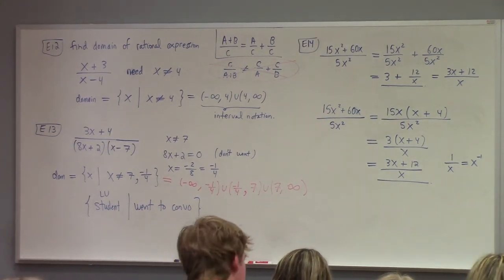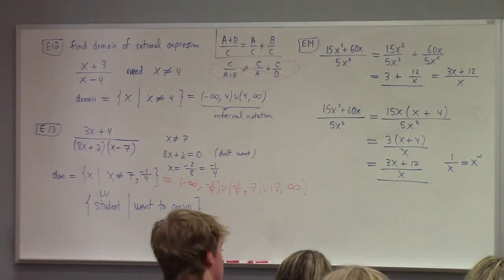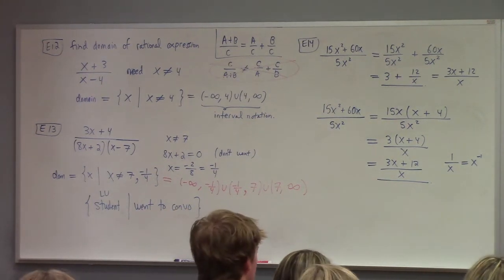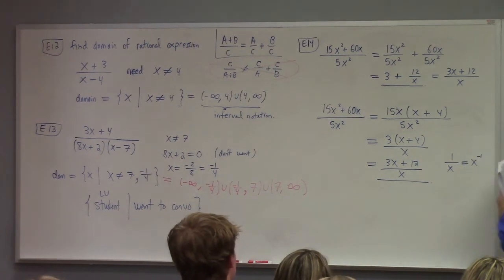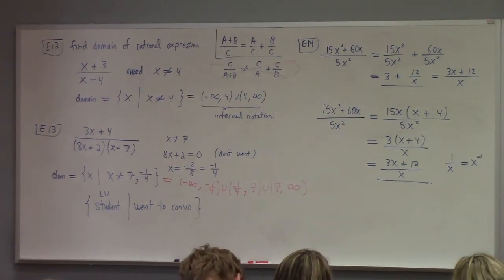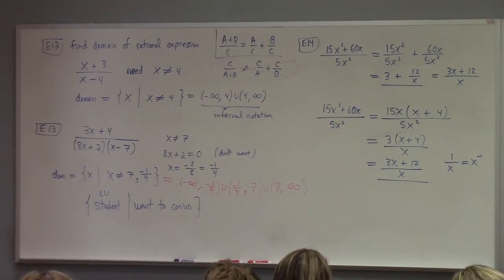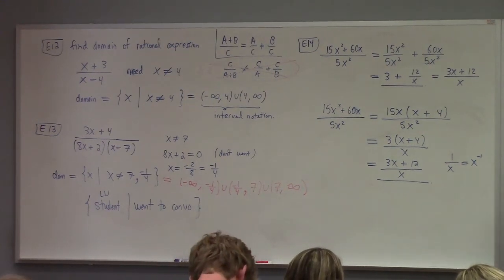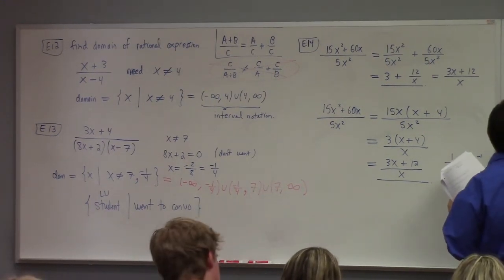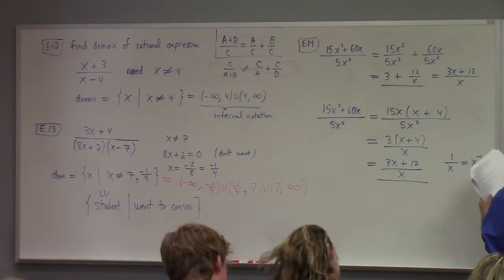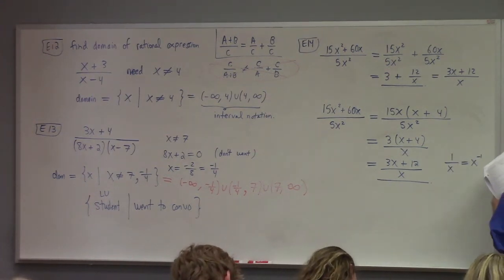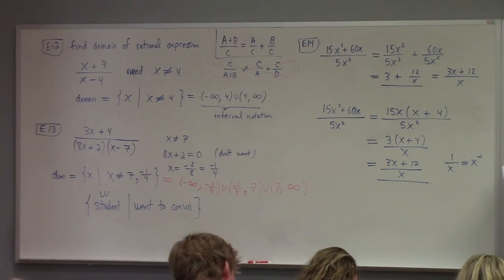Next example here, I'll move on to the middle board if I can find my eraser. How do you divide rational expressions? If I have a over b divided by c over d, how's that work? The way to do it is a over b times d over c, right?